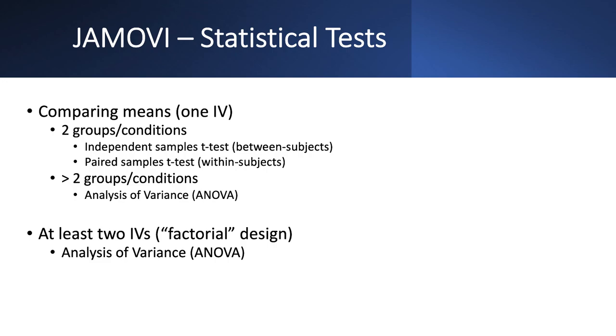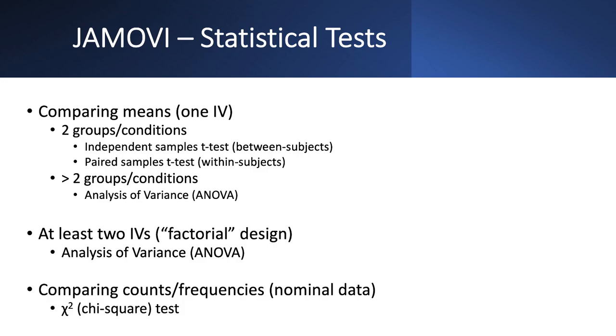So if we were looking at scores on a measure, like people who scored high in self-esteem versus low in self-esteem, and we also wanted to look at the impact of gender on this, so we were looking at both of those independent variables, we would use an ANOVA. So anytime we have two independent variables, we'll use an ANOVA. If we have more than two, we would also use an ANOVA.